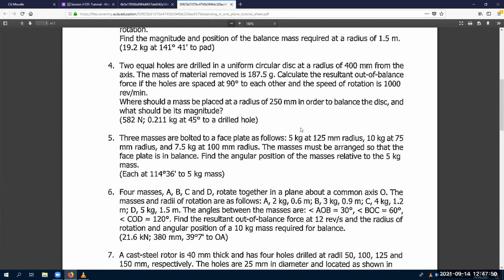Mass 1 is at 5 kilograms and 125 millimeters. Mass 2 is 10 kilograms at 75. And mass 3 is 7.5 at 100.